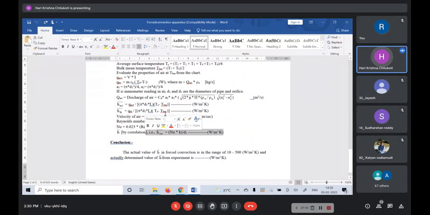So instead of conducting experiments to obtain the forced convective heat transfer coefficient, we will only measure the appropriate dimensionless parameters and properties at the required temperatures, and obtain the convective heat transfer coefficient from the correlations only. Okay, that's all for today.